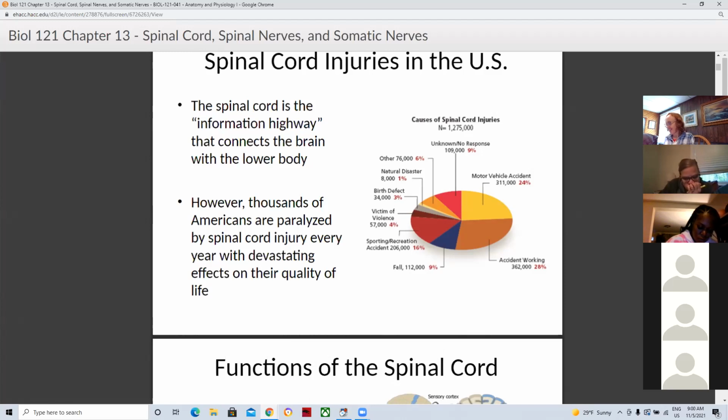I know you know this. Why can't it rebuild itself? What makes the nervous system different from most cells? What makes a neuron most different from most cells?